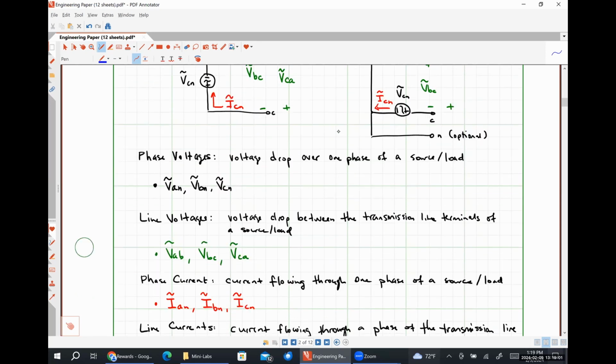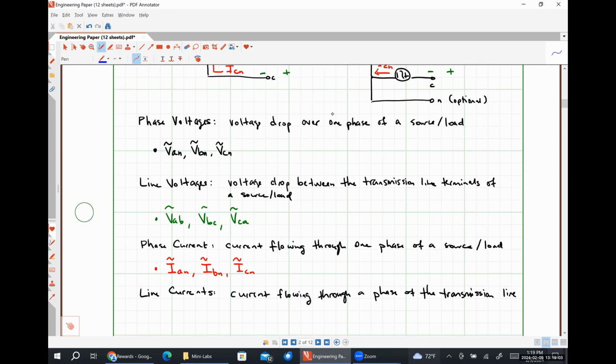All right, so these are the basic terminologies that I'm going to use. However, there's also a couple of other things that you might hear.